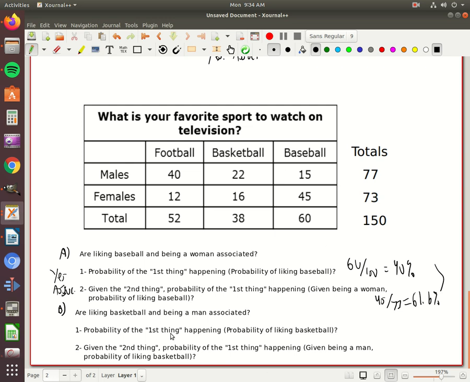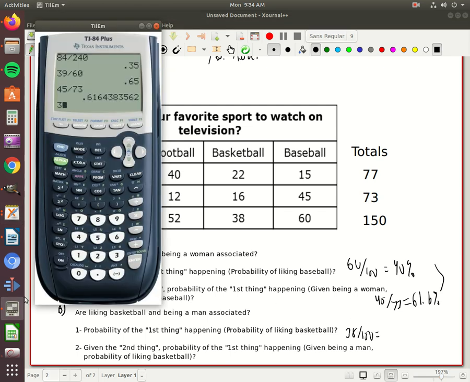All right, what about basketball and being a man? Are they associated? First, let's do the probability of the first thing. What's the probability of liking basketball? It looks like 38 out of 150 people like basketball. Let's divide that. We get 25.3%.